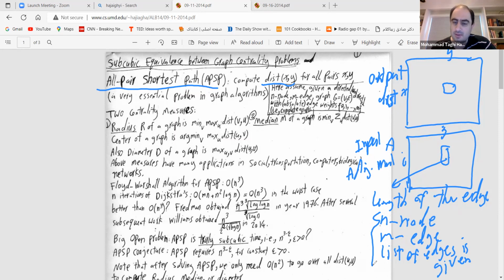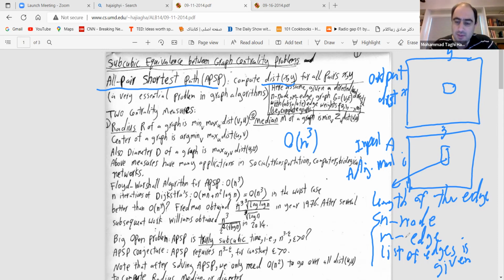Why is there not much difference in this case? Please unmute and answer. The answer is that here we are talking about order n squared versus n cubed.